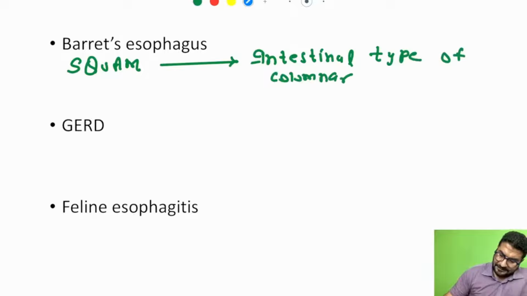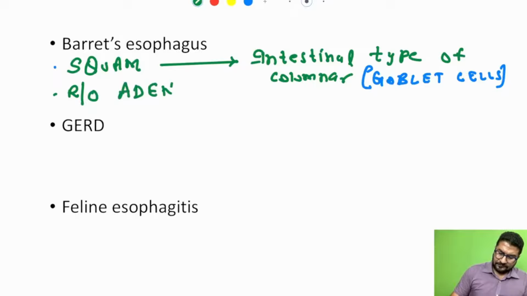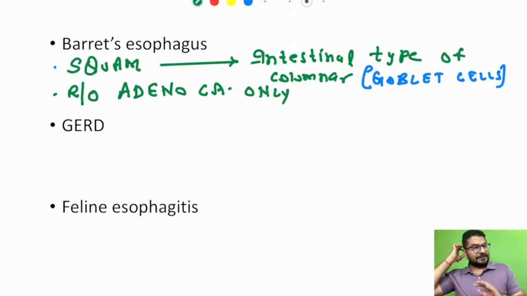And this intestinal type of columnar is special because it will have goblet cells. Right? And remember, in Barrett, in long term, there is risk of adenocarcinoma only. Barrett will not convert into squamous, only adenocarcinoma.